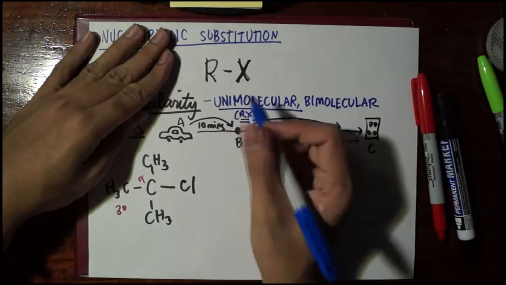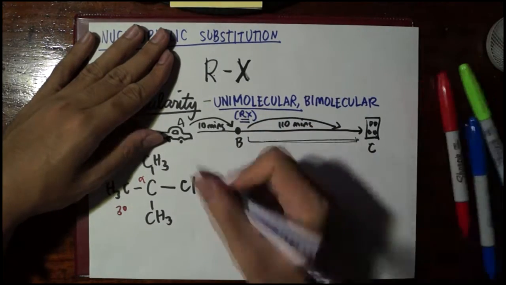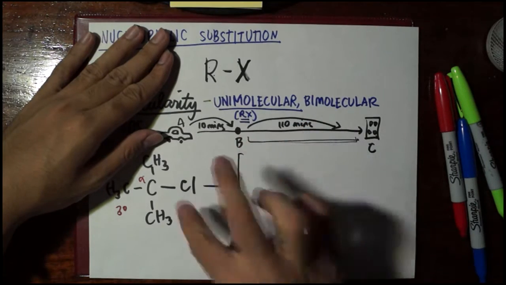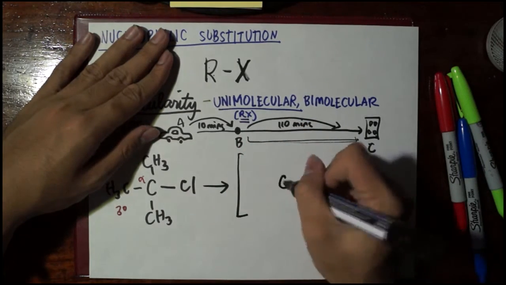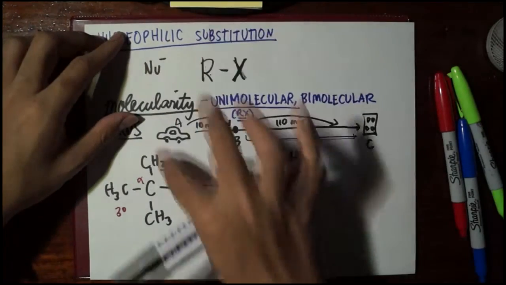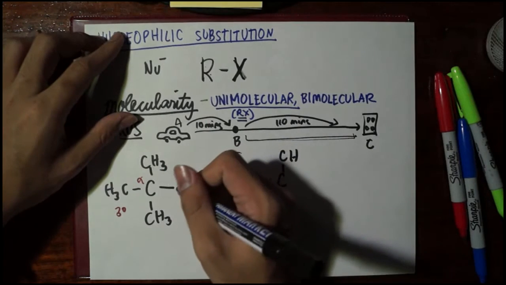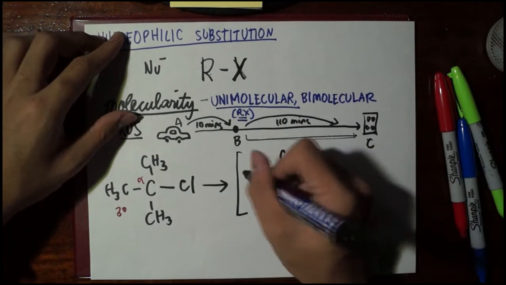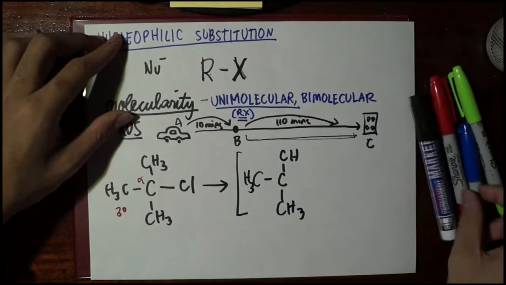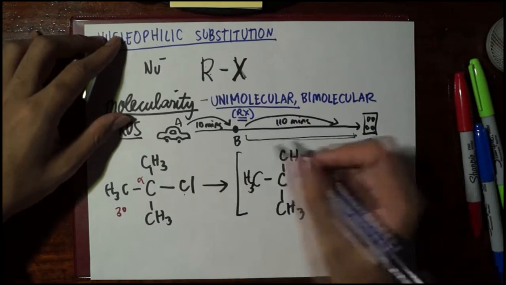So we say that Rx first turns into the part wherein Cl leaves already. So meaning the Rx here doesn't need the help of the nucleophile in order for the leaving group to leave. Meaning that this substrate has the capacity by itself to let X, this time Cl, leave.